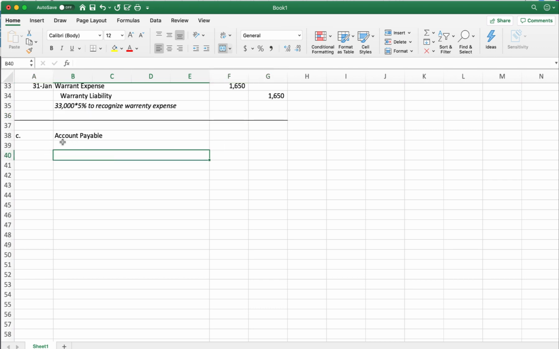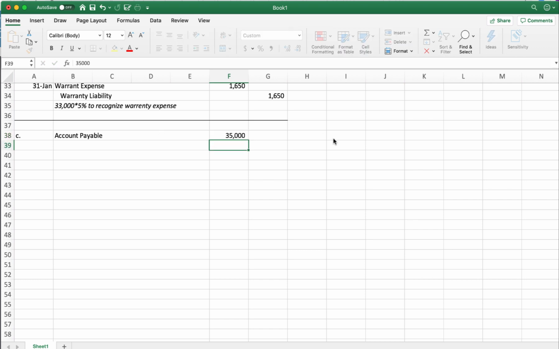I'm just putting it under here to make it easier, to put everything on one page, but you don't need to do debits and credits. You could just put it right next to the name accounts payable. And the problem told us that we had $35,000 in accounts payable, okay?